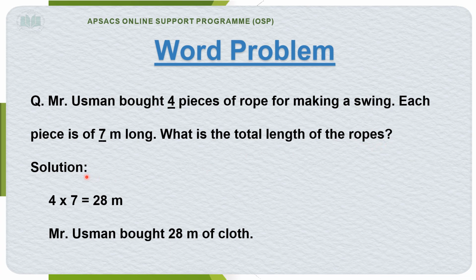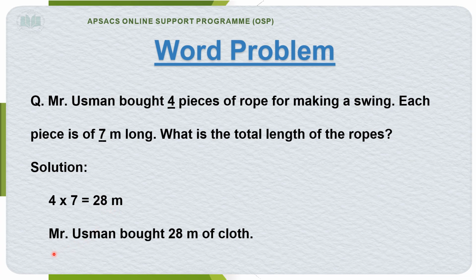Now, the solution is we have to follow the 5 steps. You have read the word problem. Now, underline the numbers, the second step, and the third step is solve the word problem. So, 4 is the number of groups. So 4 multiplied by 7 is equal to 28 meter.